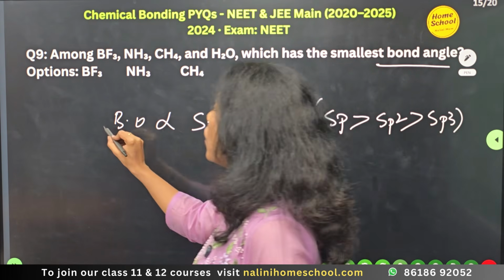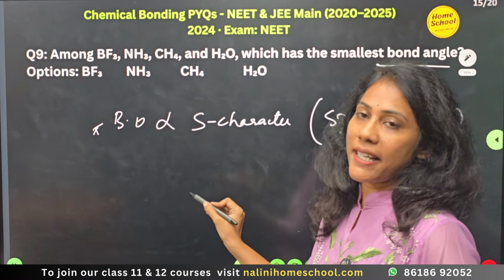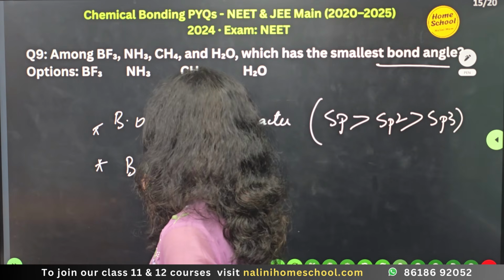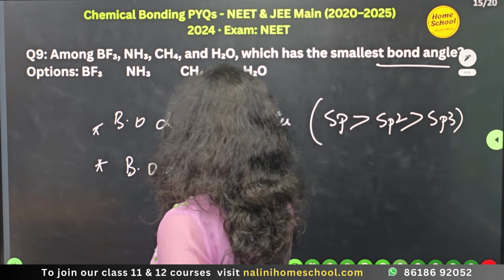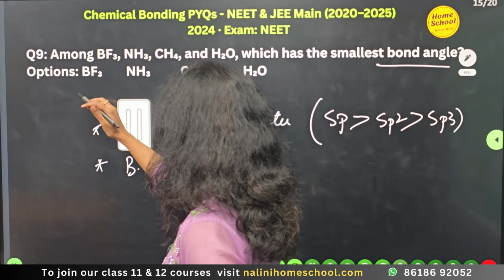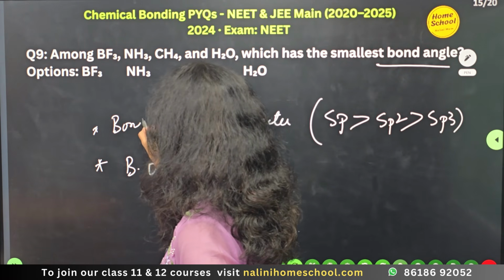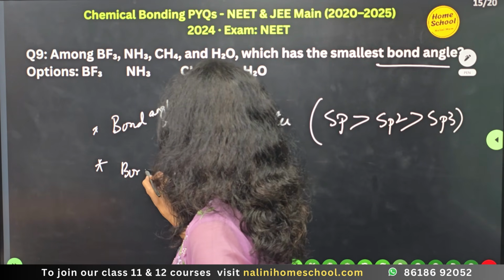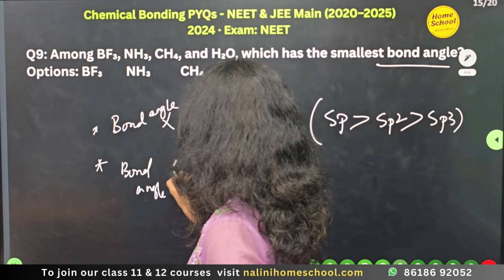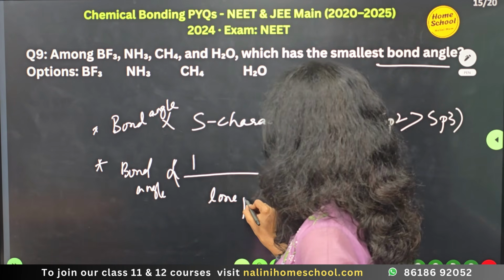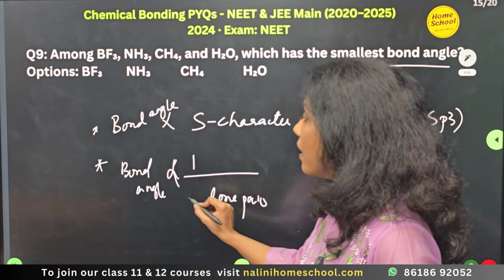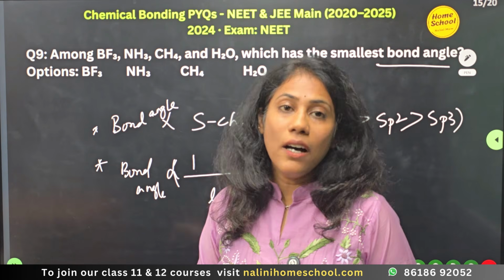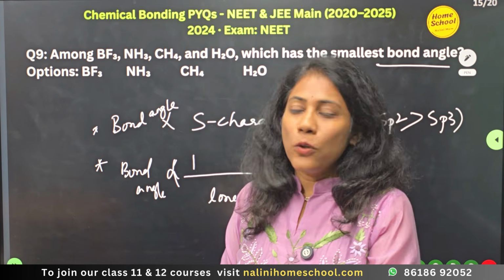If all the molecules have the same hybridization, the same S character, then you will have to look for lone pairs. Bond angle is inversely proportional to lone pairs. The lower the number of lone pairs, the more the bond angle. The higher the number of lone pairs, the less the bond angle because of the repulsions between lone pairs.